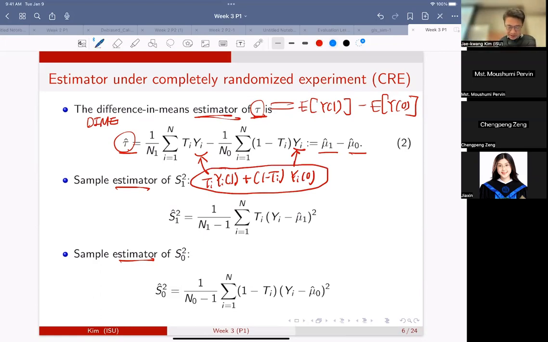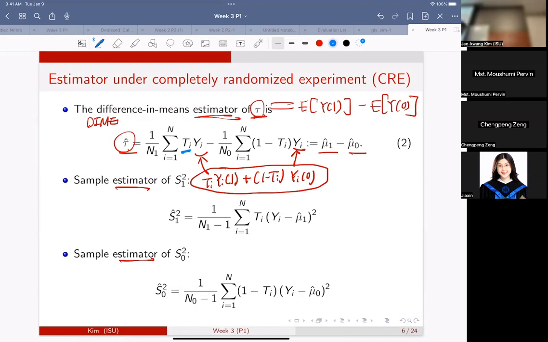Ti is either 1 or 0. So ti multiplied by ti is just ti squared, which is ti. But ti times 1 minus ti is equal to 0. So the second part goes away, right? The same way, if you apply it here, the same story: ti times 1 minus ti is 0, and then only this one remains.